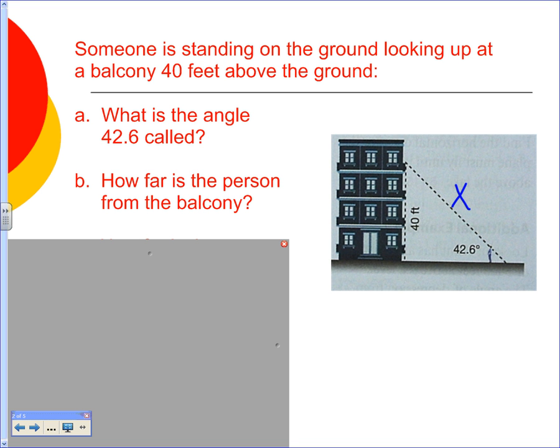Okay, so how would we figure out that length? Okay, so sine of what equals? Do you agree with that? Then what would you do?